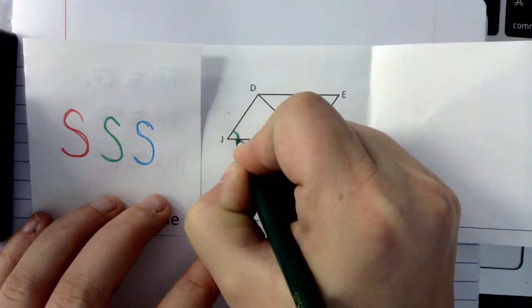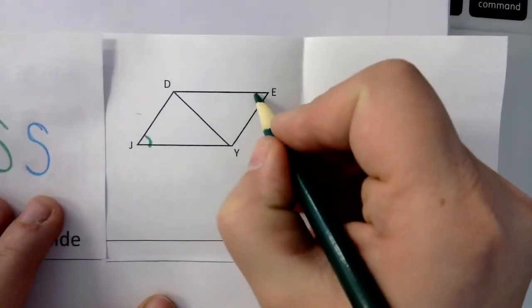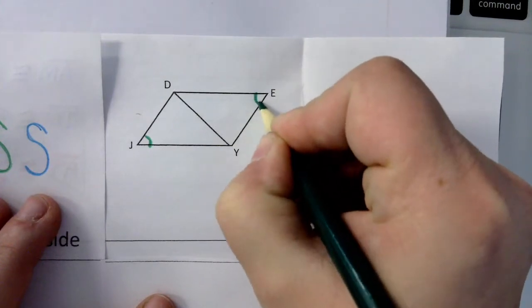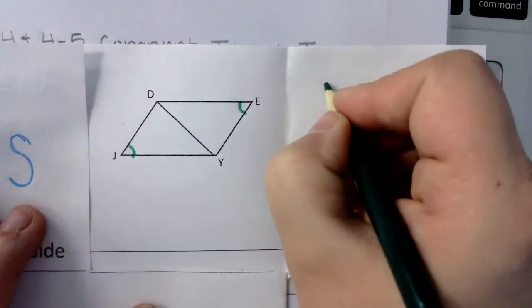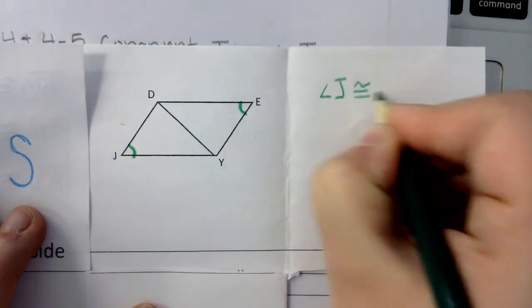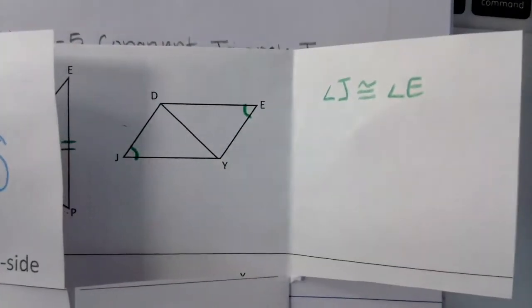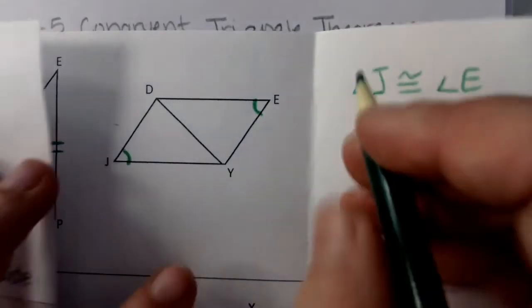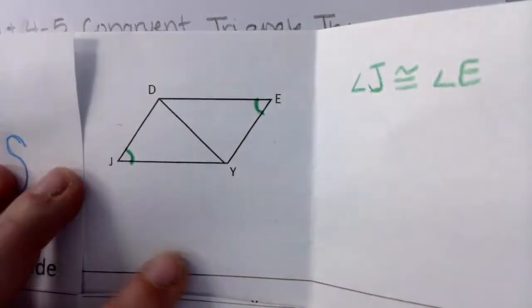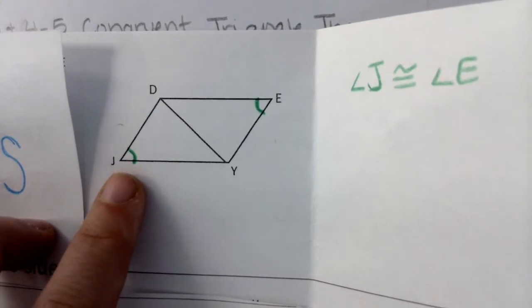And angle J is going to be congruent to angle E. Now, for J and E, I can just do one letter, because if I say angle J, is everyone going to look at the same angle? Yeah, how many angles are there with a vertex of J? Just one. So because there's only one there at J, we can just call that angle J.